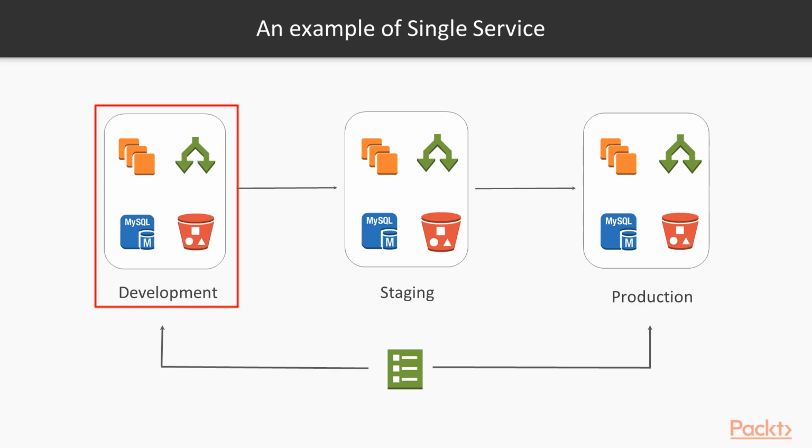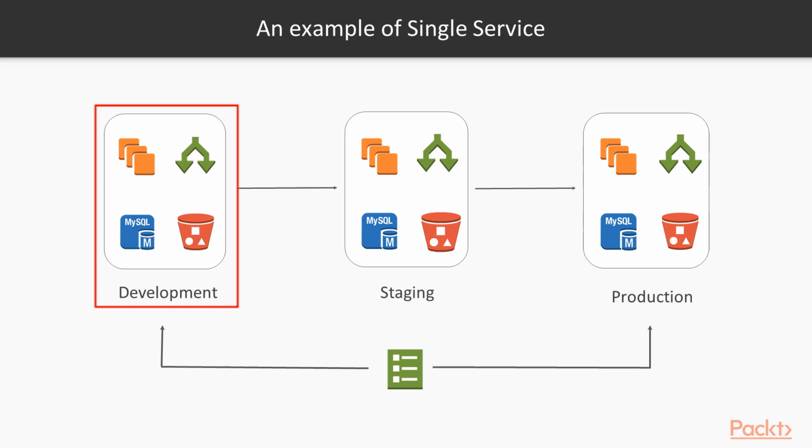So there are four services that we are using. Now if you manually create these services, it will take at least a few hours for creating a load balancer, creating auto scaling groups, all of those things, then creating an RDS database, connecting the EC2 instance to the RDS database, and so on. It will take at least a few hours, if not a day, for this environment to be built.